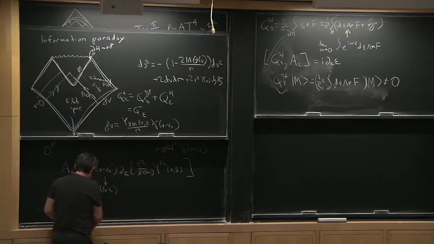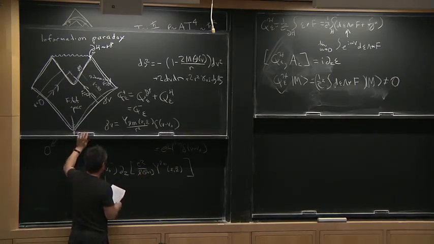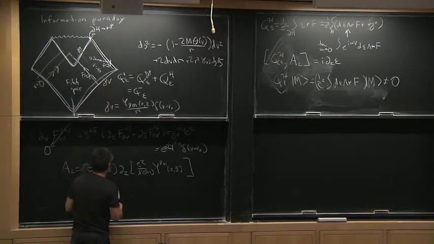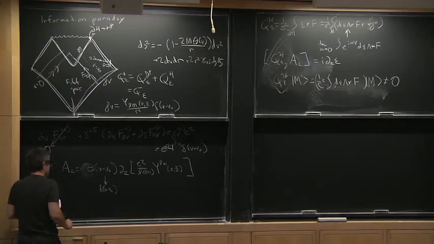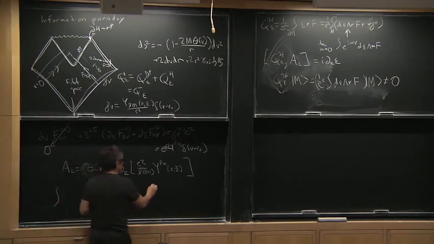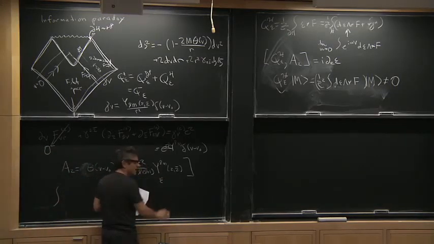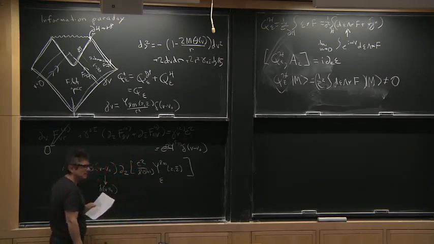Now, moreover, if we now compute the integral, so we can write this as epsilon. This is the gauge transformation parameter.